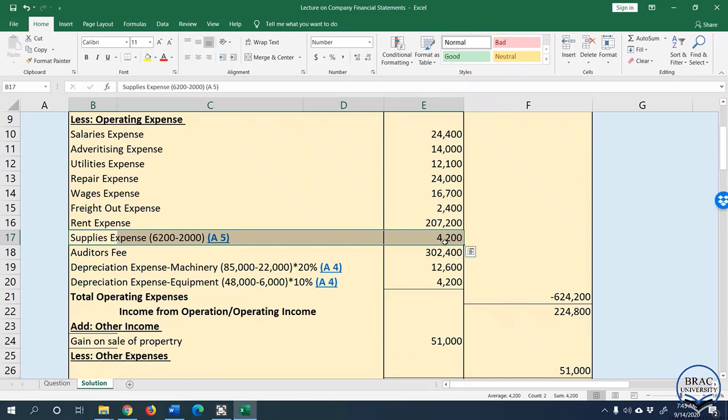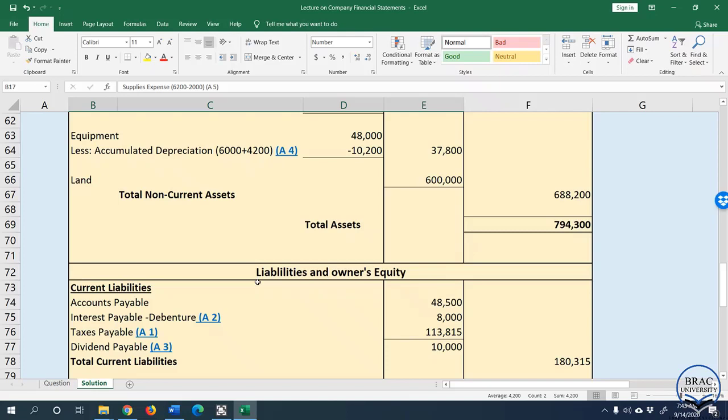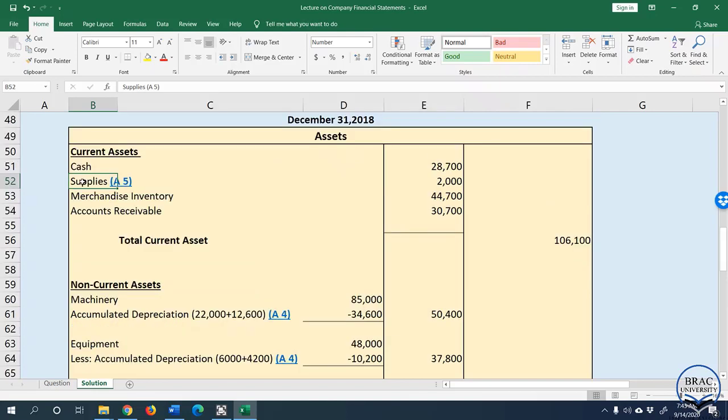You know that previously the supplies balance was 6,200, but it is not right. Right now the supplies balance is only 2,000. So in the balance sheet we also have to make some adjustment. Under the current asset part, we won't write 6,200. Rather, we'll write the accurate balance of supplies right now, which is 2,000.